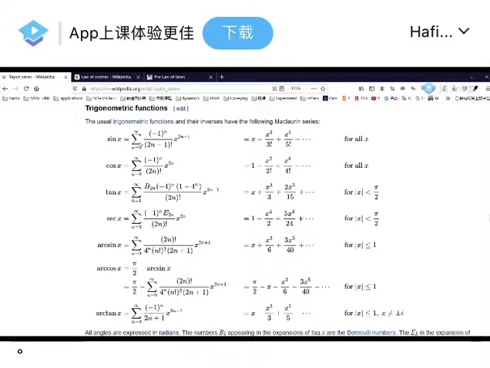So this is a conversion between a trigonometry function and a polynomial. It's hard to do the calculation of sine, cosine, but it's easy to do the polynomial bit. That's the reason people tend to convert all the trigonometry to polynomial.